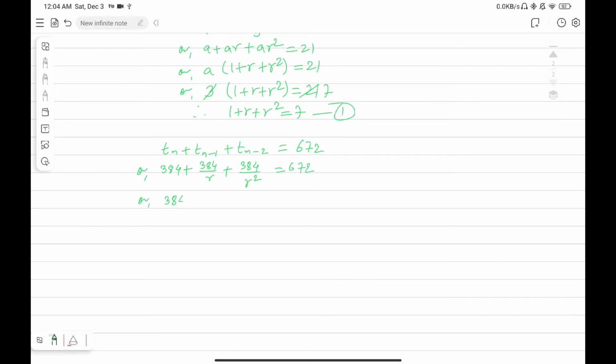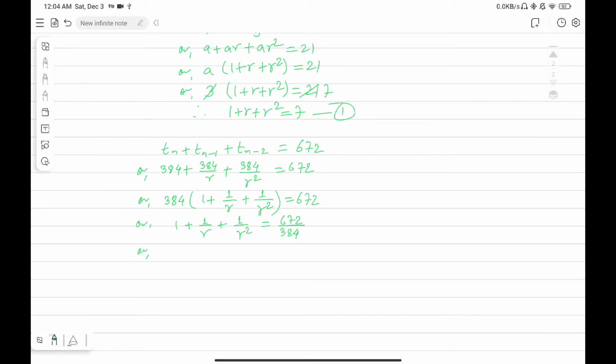Let's take 384 common: 384 times (1 plus 1 by r plus 1 by r square) equals 672. Now let's divide both sides by 384: 1 plus 1 by r plus 1 by r square equals 672 divided by 384.